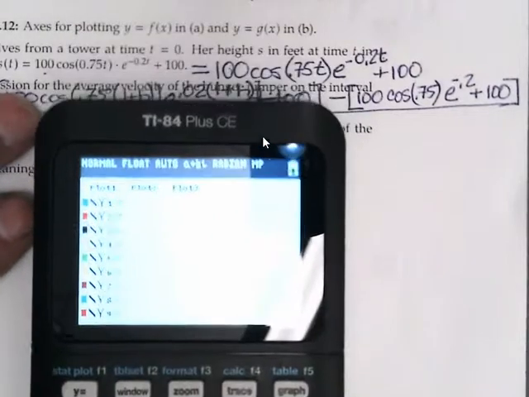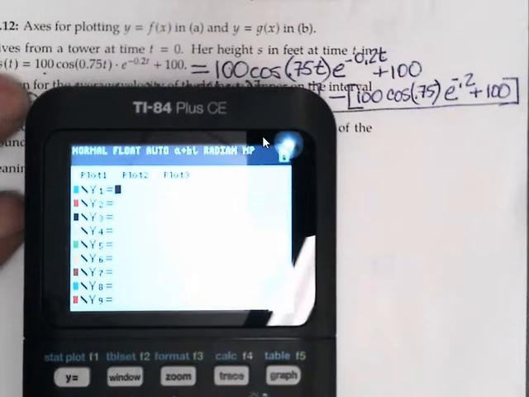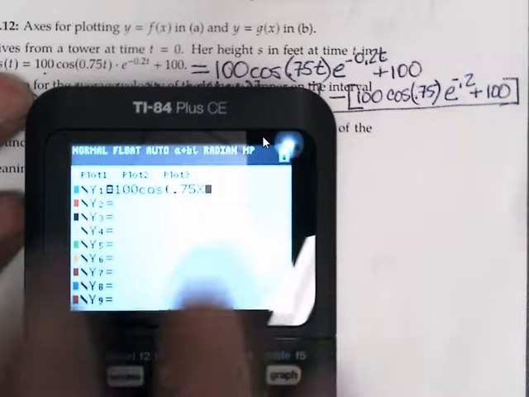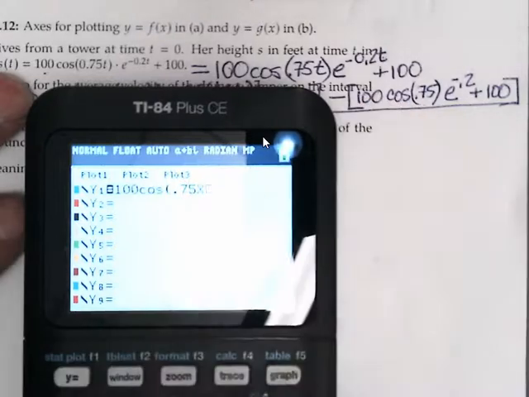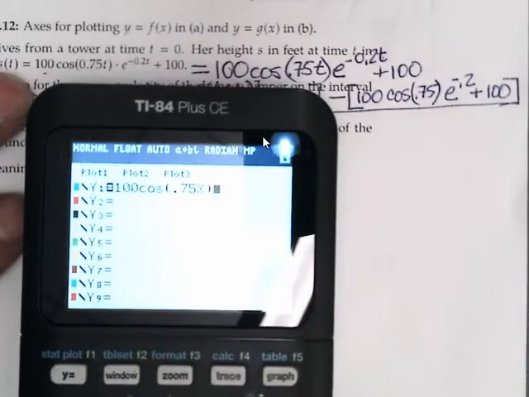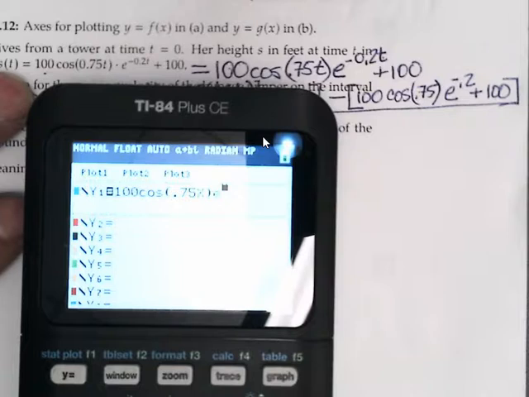I'm going to write in the original function, 100 cosine 0.75 x, because the calculator uses x instead of t as the variable, close parenthesis, e to the negative 0.2 x, finish the exponent, plus 100.